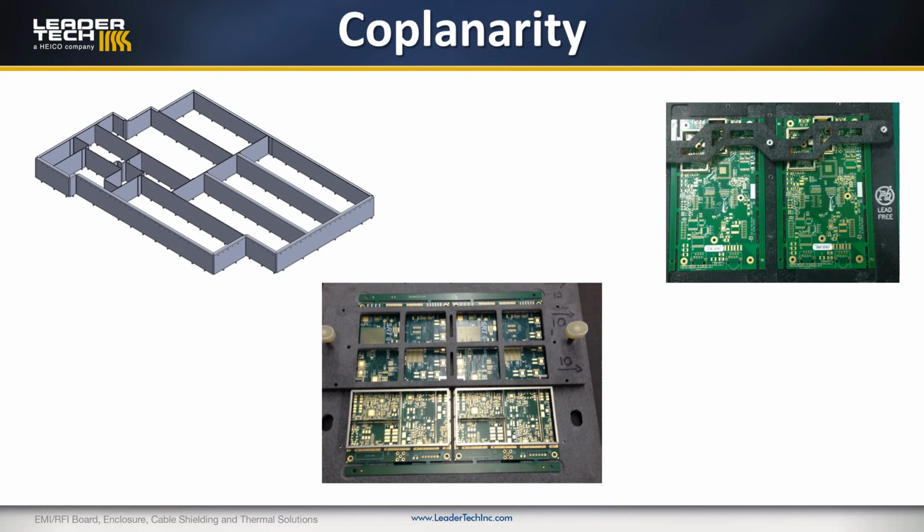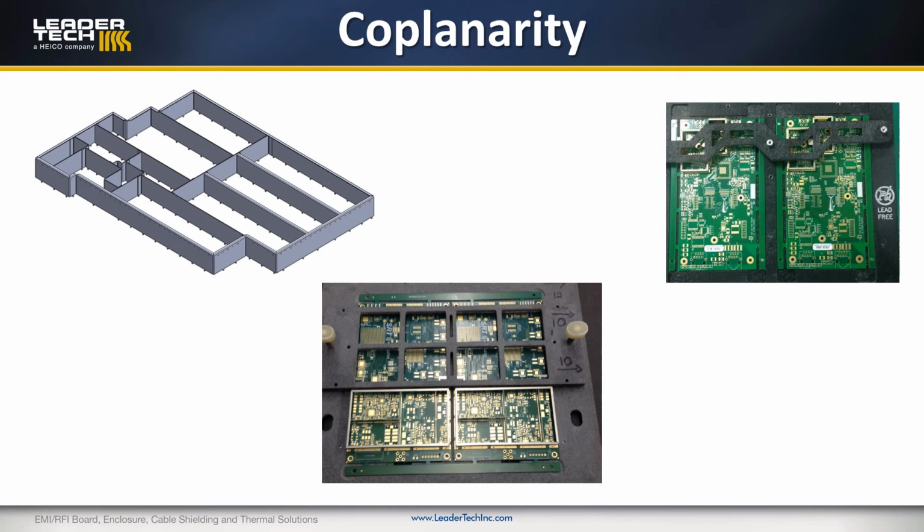But it may not be very flat. Generally we see solder thicknesses between 3 to 4 thousandths, and that's not going to work with a very complex shield. So one thing we always try to get our customers to work with and use are fixtures.